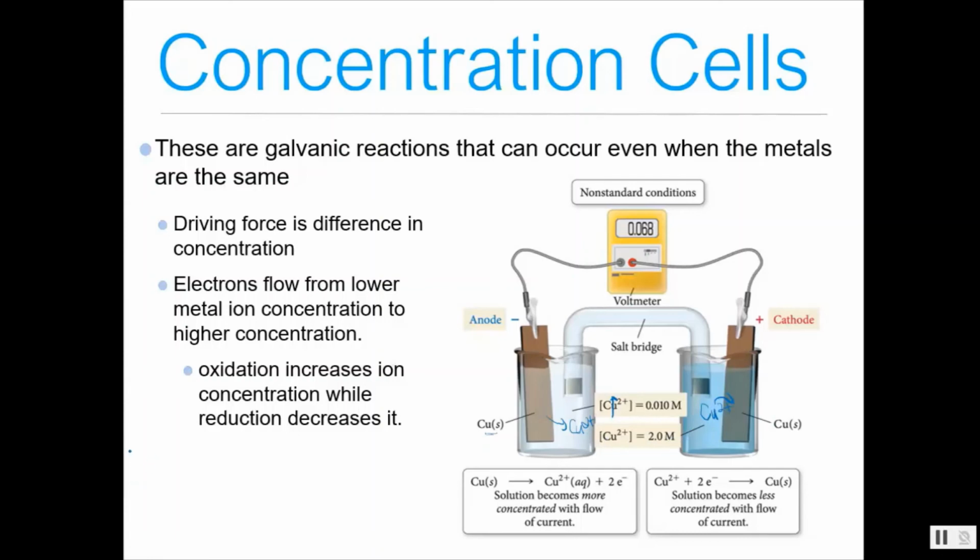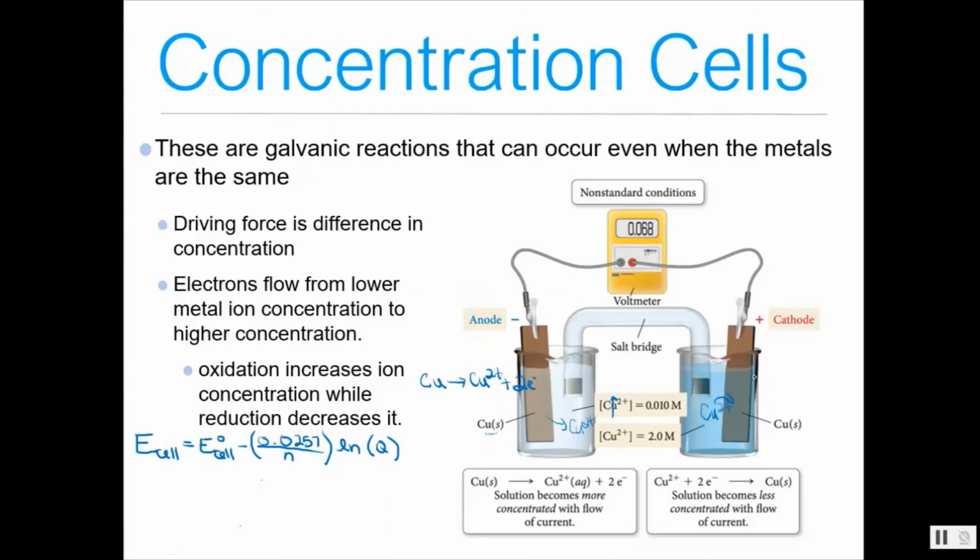We would still use the Nernst equation to calculate this, where E of the cell is going to be equal to our standard potential, our cell under standard conditions, minus 0.0257 over n times the ln of Q. In this case, the number of electrons transferred, because we have copper going to copper 2+, we could see that in order for that to happen, that copper has to give up 2 electrons.